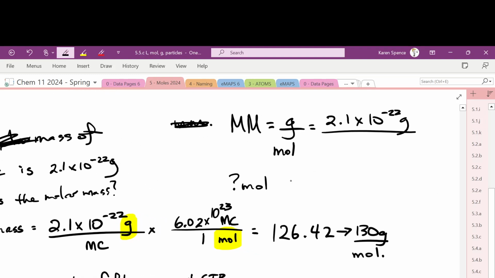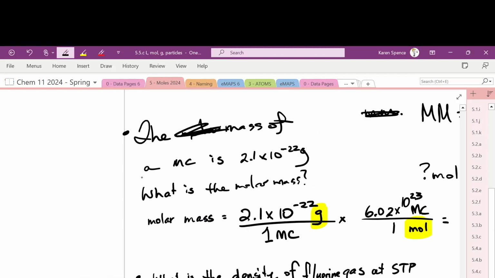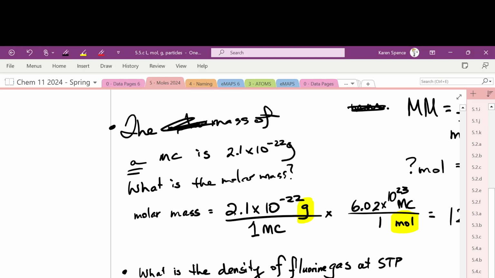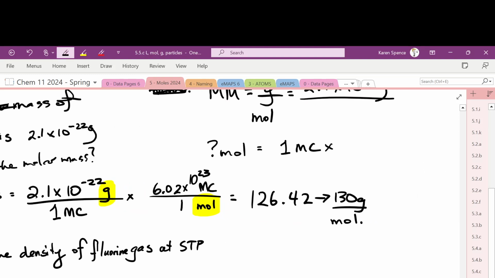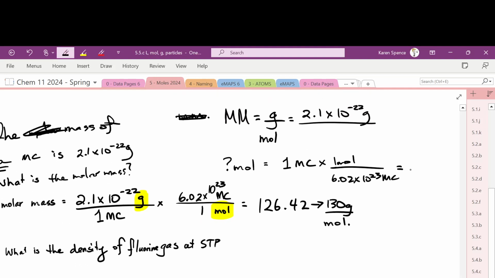What are the moles? Well, I have one molecule, right? Because it says a molecule. That means one molecule. One molecule times 1 mole per 6.02 times 10 to the 23 molecules is 1.66 times 10 to the negative 24 moles.